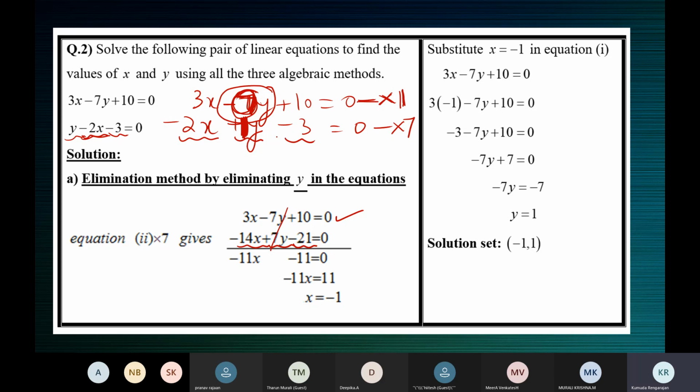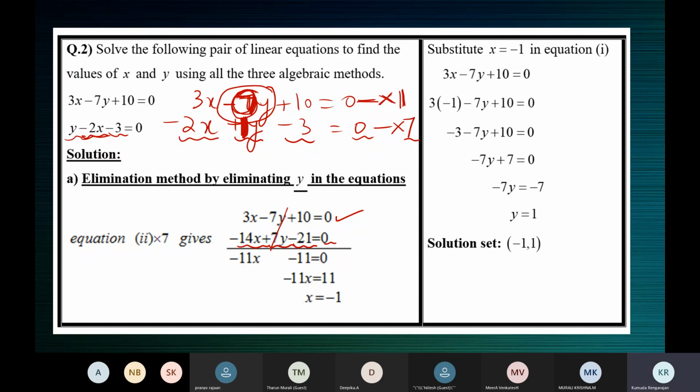And I told you, all the terms on the left hand side and the right hand side are multiplied. So 0 into 7 is 0. The first equation is multiplied by 1, so you get the same equation. The second equation is multiplied by 7 throughout, and that's the new equation we have: minus 14x plus 7y minus 21 is equal to 0.